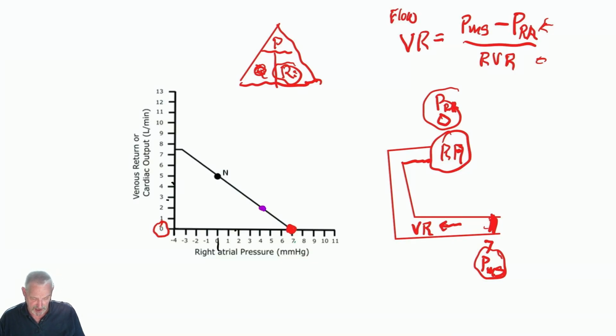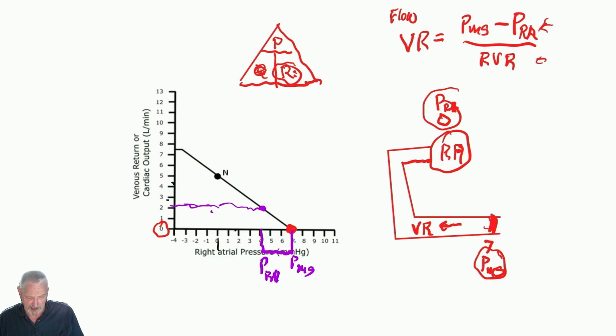What is the pressure head driving flow back to the heart? It's the upstream pressure, the PMS, minus the right atrial pressure. The slope of the line is the resistance, but we can read off the flow here, and it's going to be about 2 where I drew the dot.